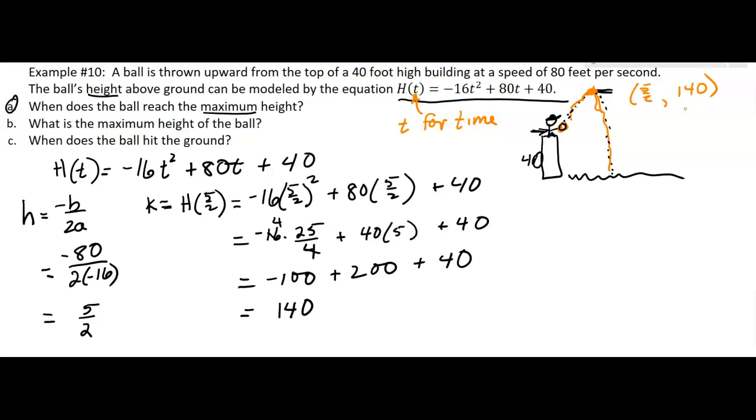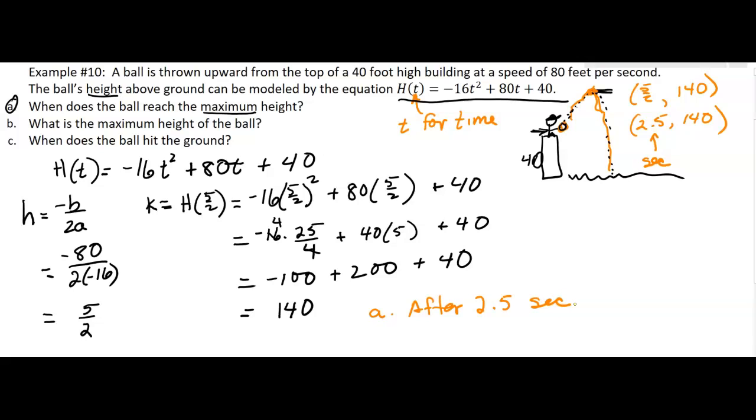I just switched to the decimal. Okay, so 2.5 seconds. That makes a little more sense to talk that way. This is the seconds to reach that maximum height. So it says, when does the ball reach the maximum height? So question A, after 2.5 seconds.